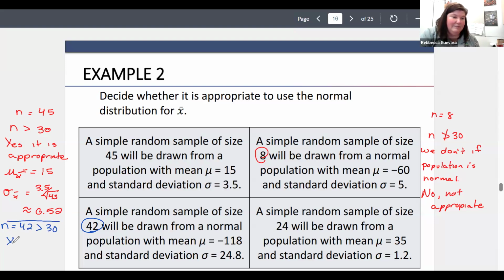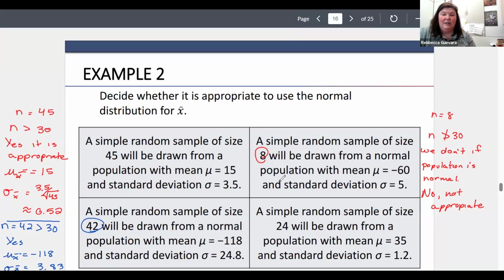So yes, it is appropriate. We'll have a mean for this distribution of negative 118 and a standard deviation of 24.8 divided by the square root of my sample size, which is 42. It's going to be 3.83.